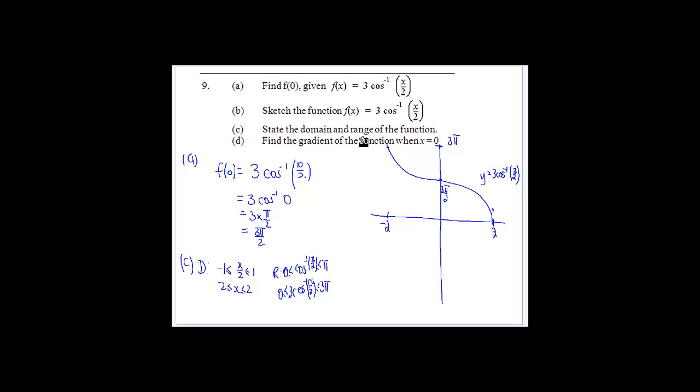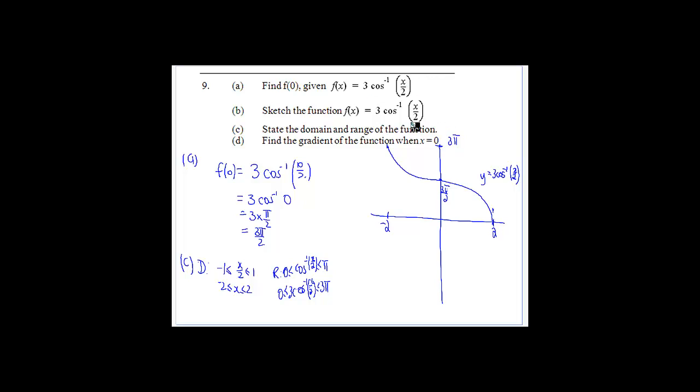This time we want to find a few things. We want to sketch it, we want to find domain and range, and find the gradient. So again, substitute 0 in, and when x is equal to 0, we get minus 3 on 2. Sketching the function, well, we know what a cos function looks like. It will normally go from 0 to pi.